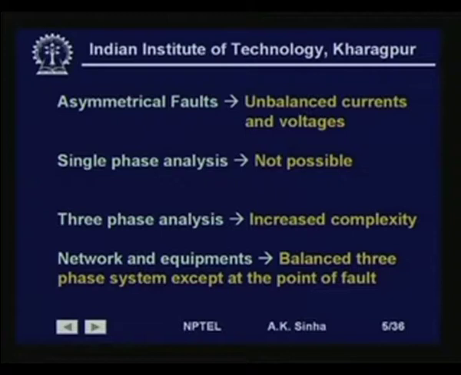One of the things that we understand is that in a power system, all the equipment is designed to operate as a balanced three-phase system. That is, under normal operating condition, the power system is always operating as a balanced three-phase system. This may not be exactly true, but more or less this condition is maintained in normal operating condition.